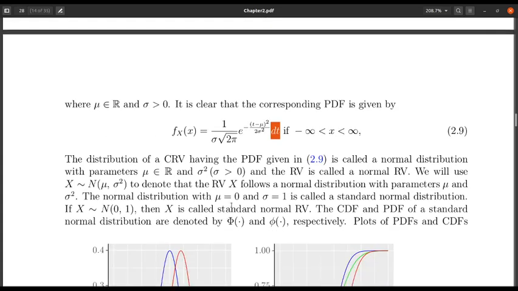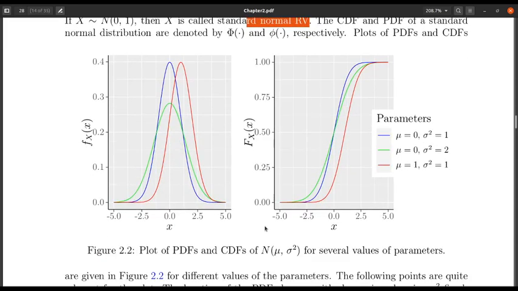Well, if mu is 0 and sigma is 1, then the corresponding distribution is given a special name. It is called a standard normal distribution, and the corresponding random variable is called a standard normal random variable. Let us see some plots of the cumulative distribution function as well as the probability density function. So in two cases I have taken mu to be 0, but I changed the value of sigma square.